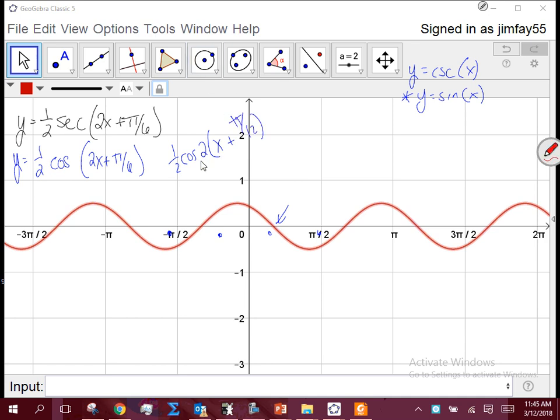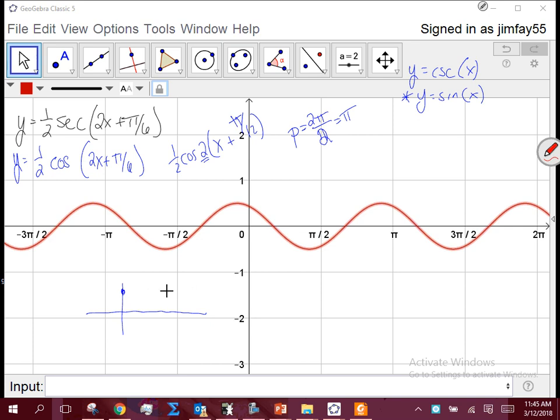So this thing here, my period, should be 2 pi over that, so 2 pi over 2 becomes just pi, so my period is pi, and that is what we're seeing from there to there. So in the normal cosine function, let's look at the parent function, I start here at 0, I finish at 2 pi.